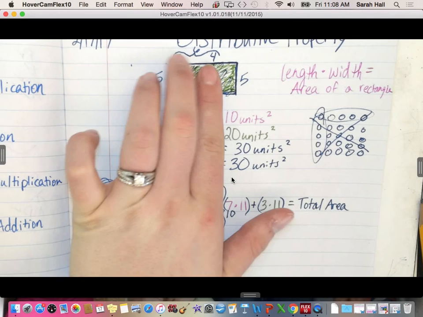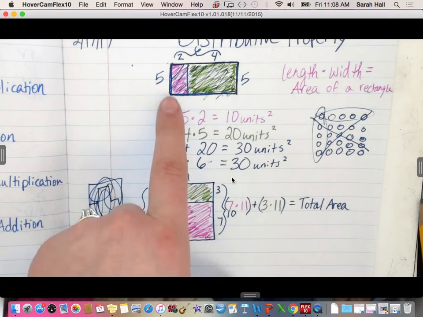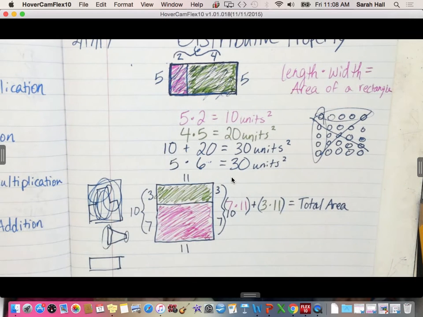So you added those 2 sides that had been broken apart. And you multiplied it times 5 because that was the other side.